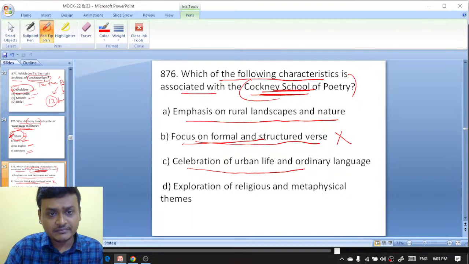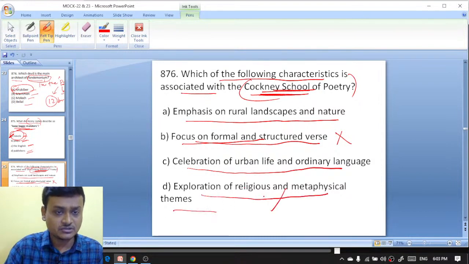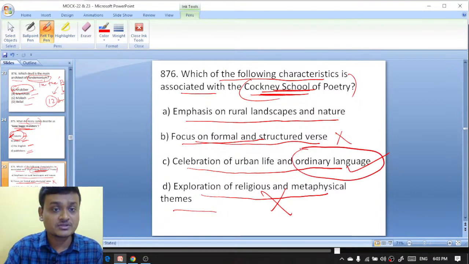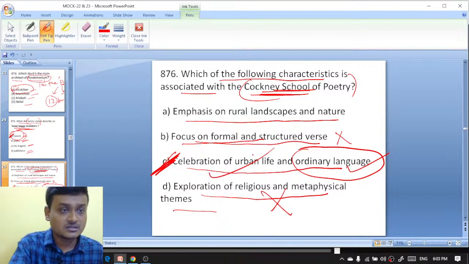Celebration of urban life and ordinary language, or exploration of religious and metaphysical theme, that is also wrong. The remaining two options are celebration of urban life and ordinary language and emphasis on rural landscape and nature. So celebration of urban life and ordinary language, common language. So C is the right answer. 876 का C right answer है.